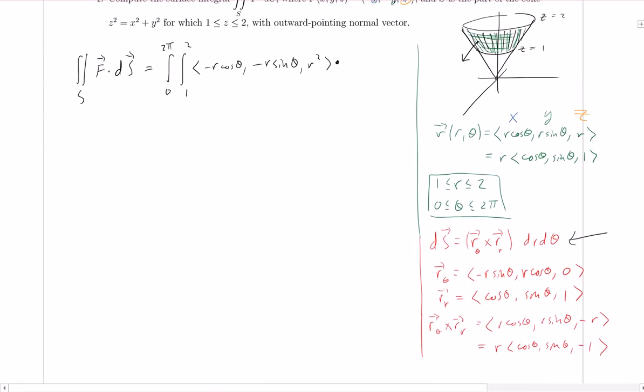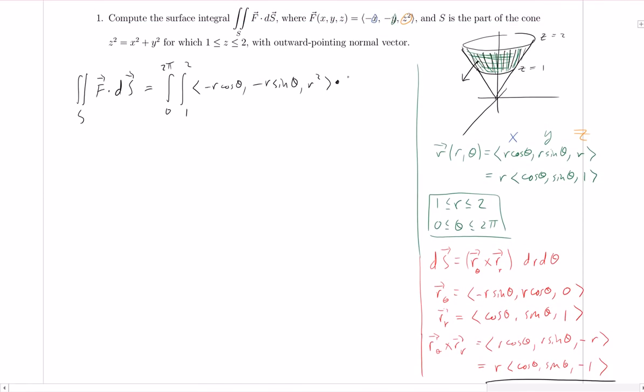It's this cross product times the differential, and we have computed the cross product. It is r cosine theta, r sine theta, minus r, and dr d theta.